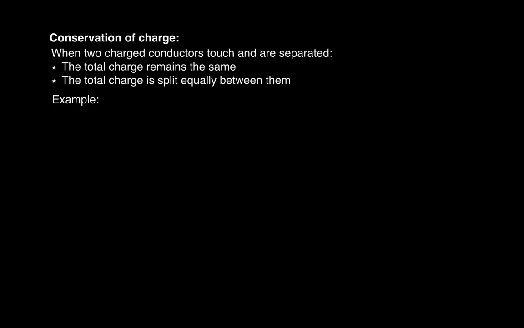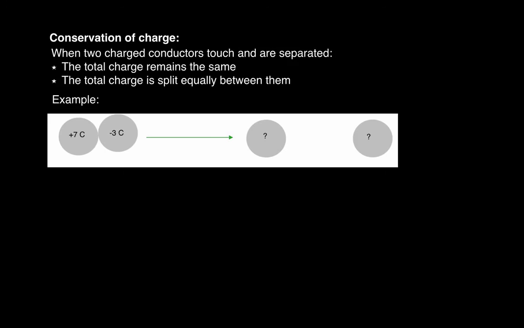Here's an example to help you understand this. If I take a 7 coulomb and a minus 3 coulomb charge and bring them together to touch, since they're conductors, the charge can freely flow between the two objects. The total charge before was plus 7 plus minus 3 equals plus 4.